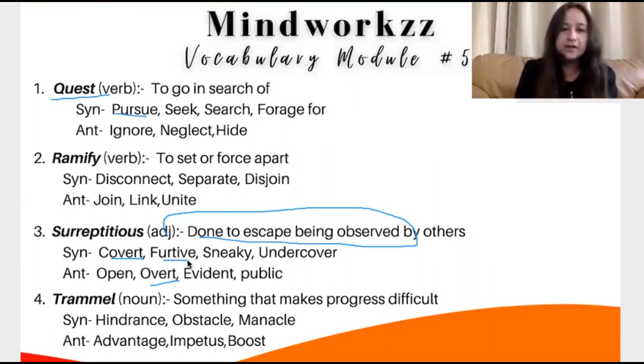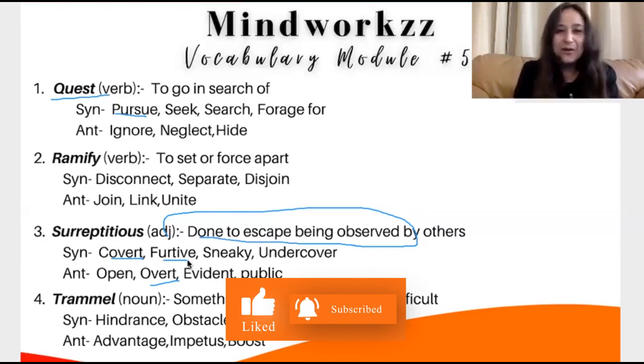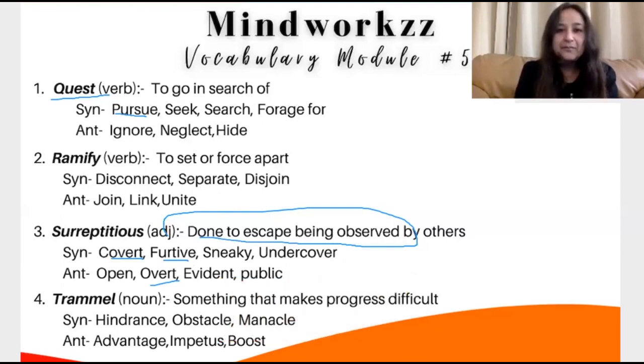So when I was on a quest for something, in the search for something, I tried to be very surreptitious about it, means I tried to do it in a hidden manner, and it was full of trammel, means it was full of obstacles, and it had its ramifications, means it had its consequences. All right, so that's how you could create a story and therefore understand your vocabulary better, so that you can actually try and practice this more.